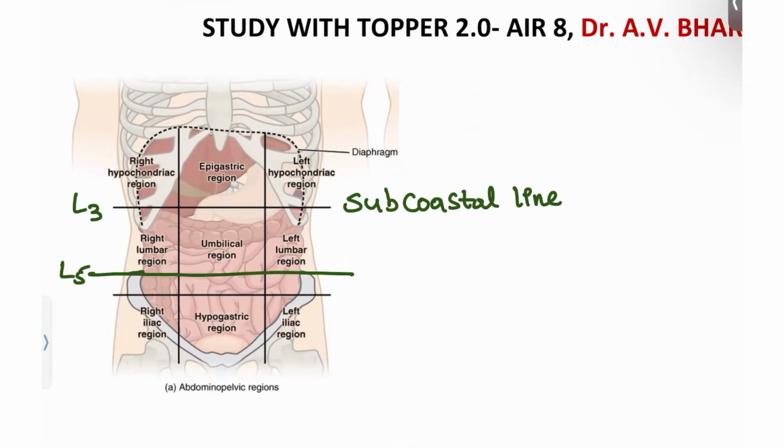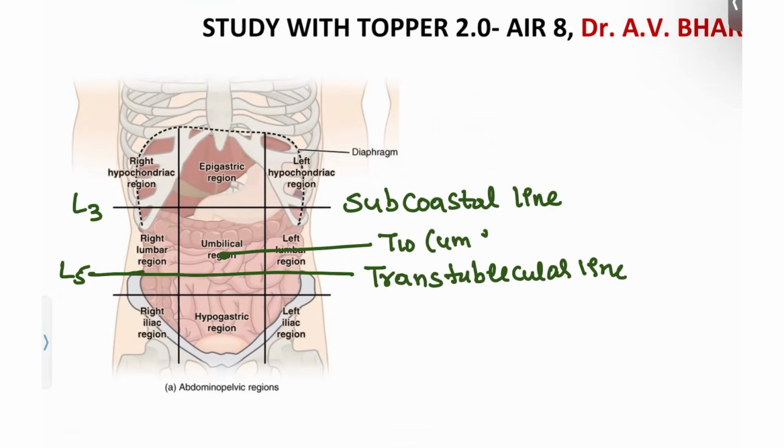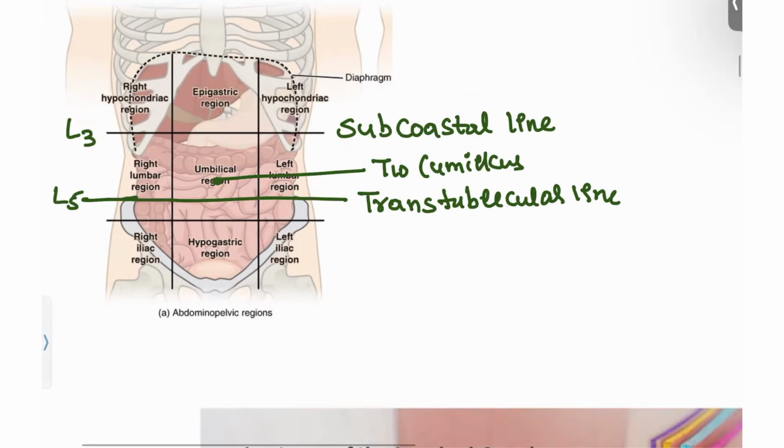And this is the transtubercular line. And coming to the dermatome, this dermatome is T10. What is that? Umbilicus. Umbilicus is T10. So these are the three points of the abdominal region that you have to remember.